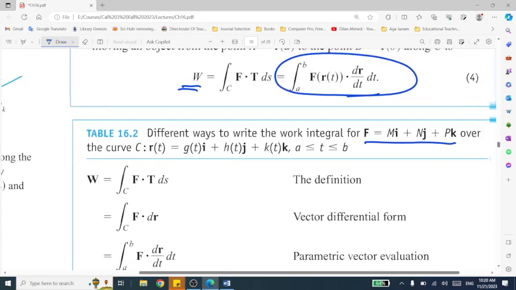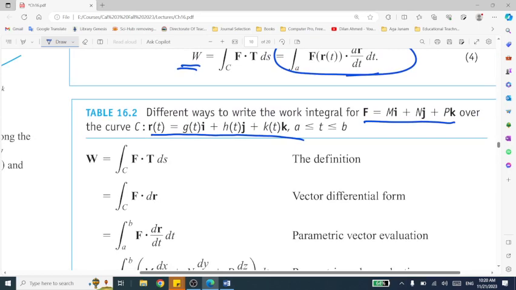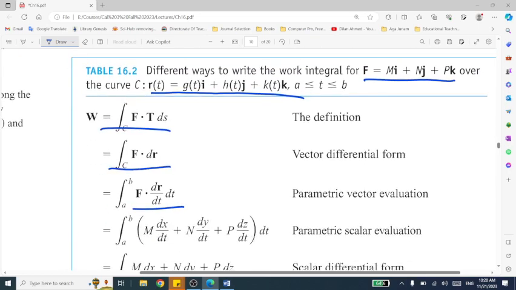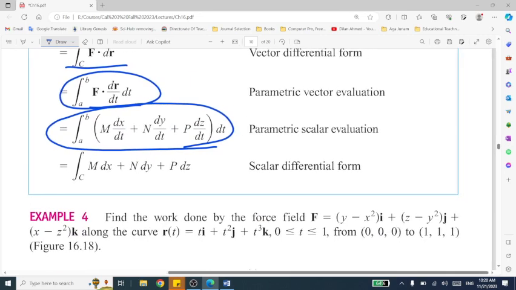Look at the F please. These both give the same result, up to you. Find work.